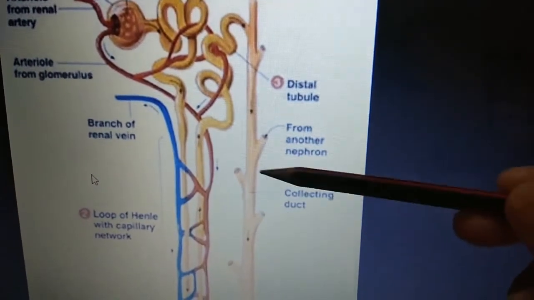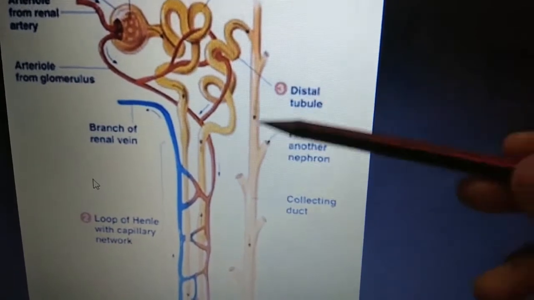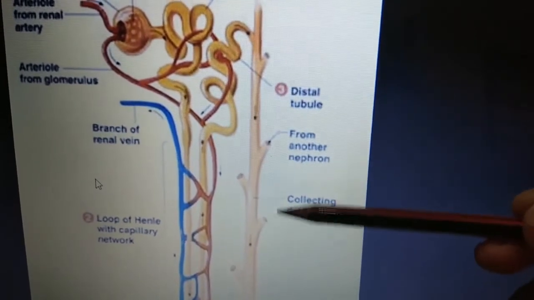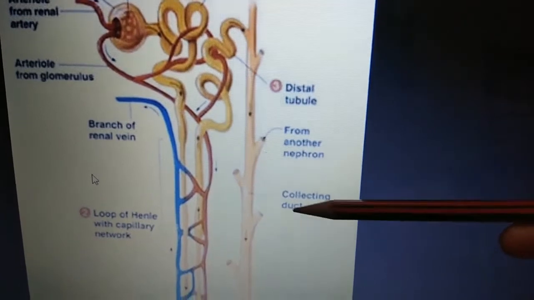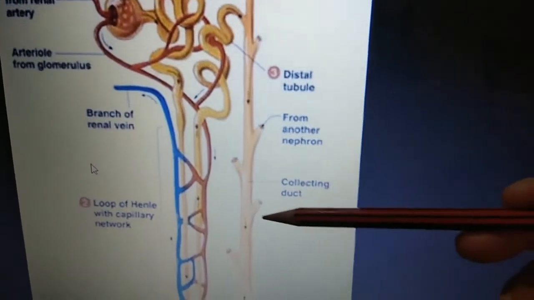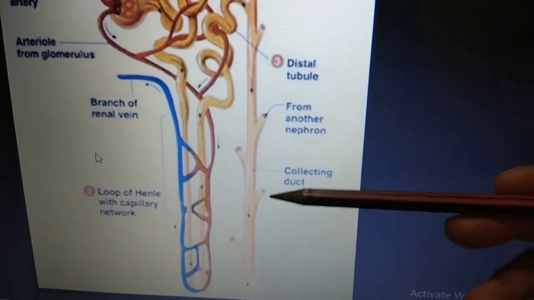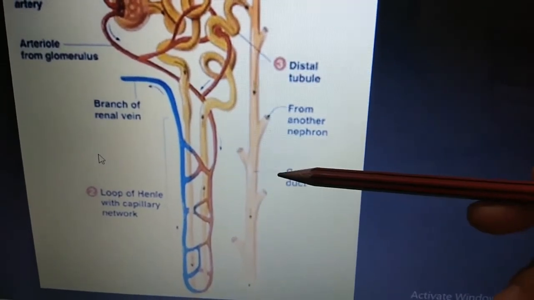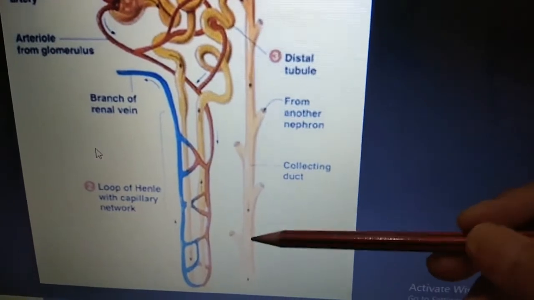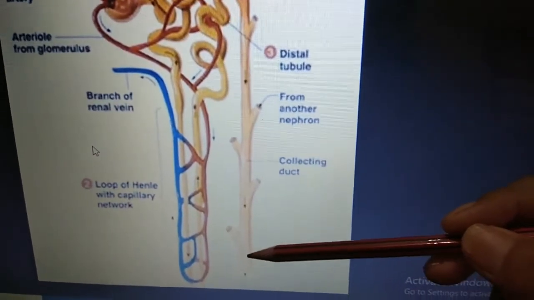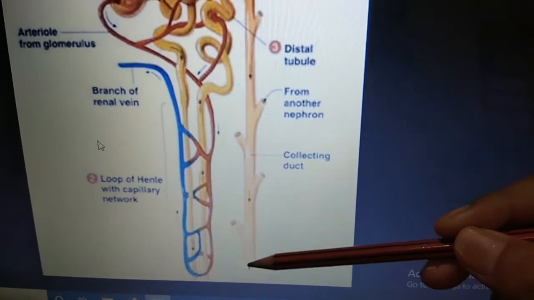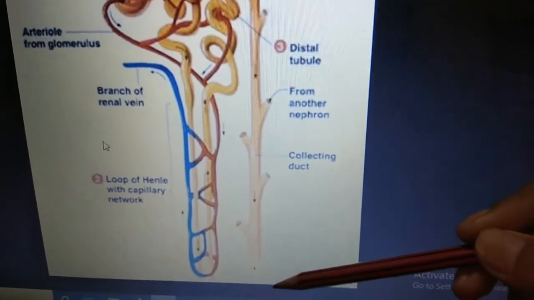When many collecting ducts unite, they form the papillary duct, or duct of Bellini, which opens into the papilla, a structure of the kidney, from where the urine passes through the minor calyx to the major calyx, and opens into the renal pelvis. From the renal pelvis, the urine passes into the ureter.